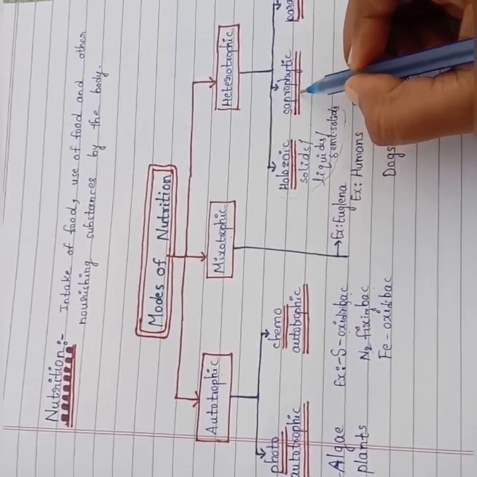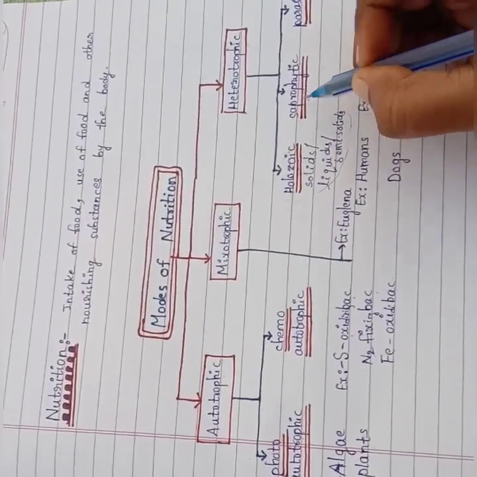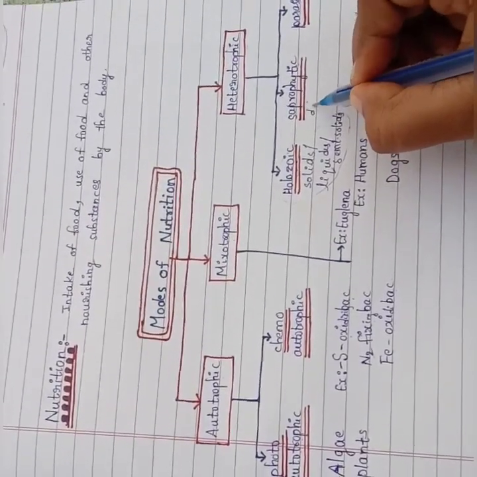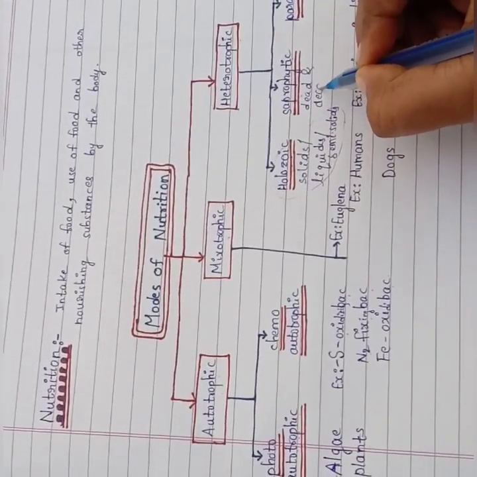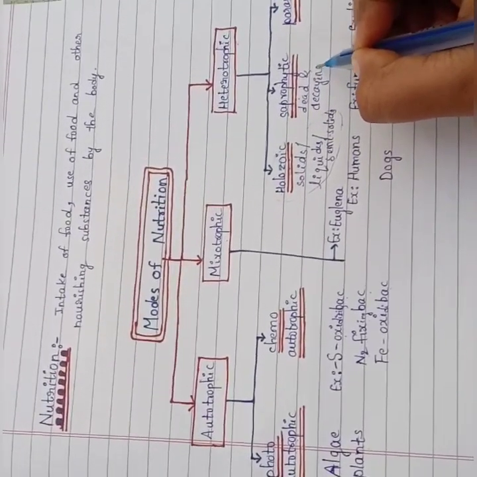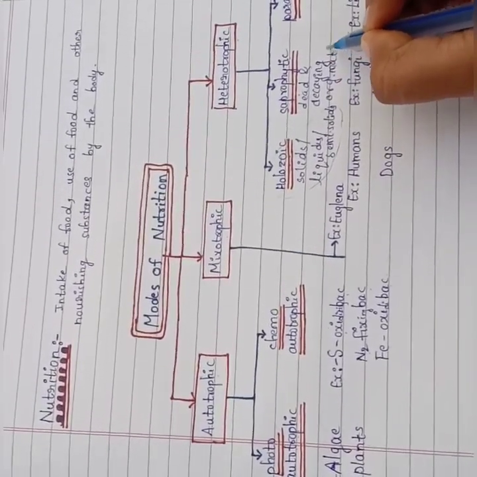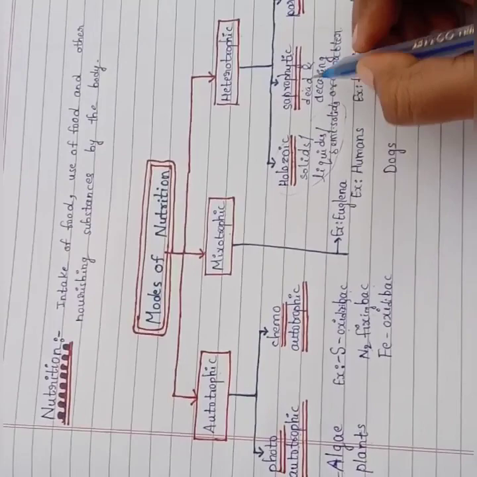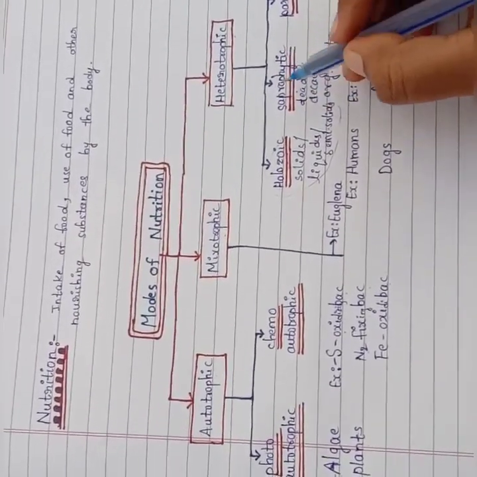In saprophytic nutrition, the organisms depend on dead and decaying organic matter. Such organisms are named saprophytes.